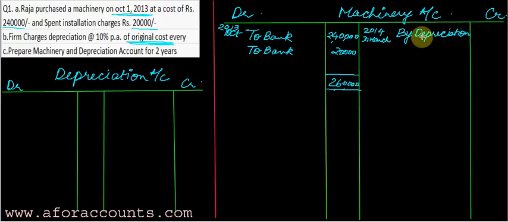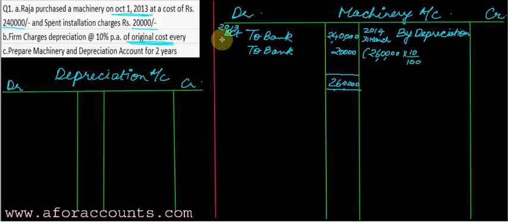And how much is the depreciation? It is 2,60,000 into 10% per annum. The machinery is put to use on 1st October. If it is for the whole year, charge the full amount of depreciation. But if it has been put to use within the last 6 months, from 1st October to 31st March, any time, even if it is on 31st March, charge half of the rate.